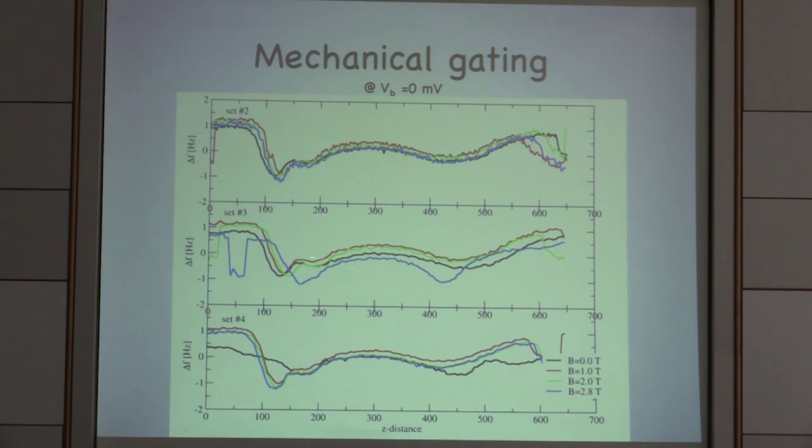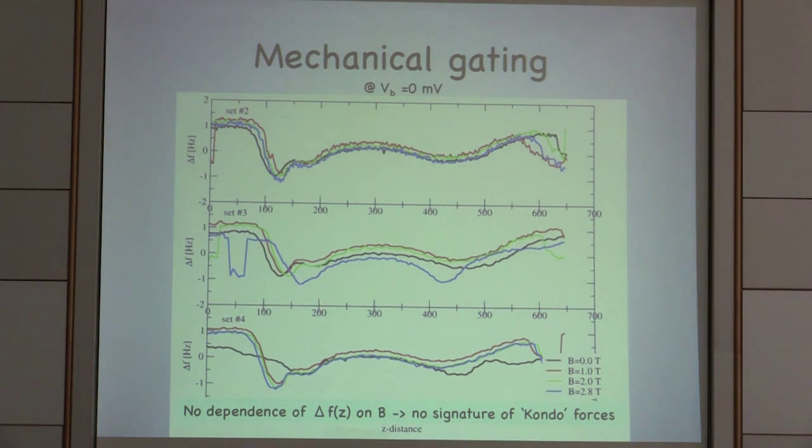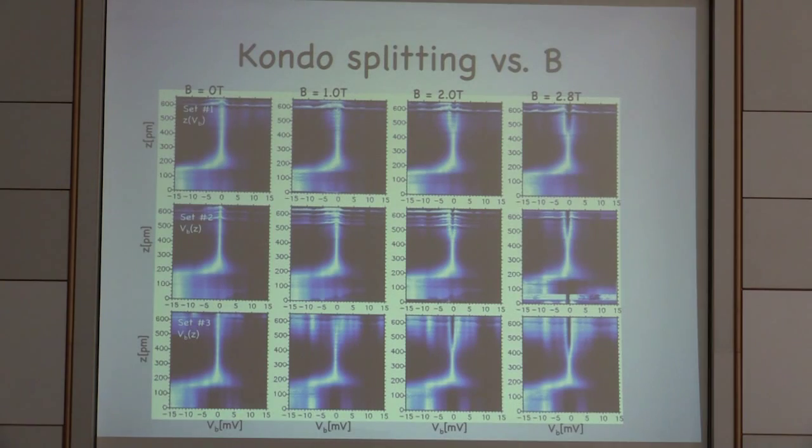Of course, all these differences which you see here are due to a slightly different gating rather than some kind of Kondo force. So basically, so far our experiment can't prove this theoretical prediction, at least in our parameters which we have been using for the oscillation, this kind of coupling is not possible.